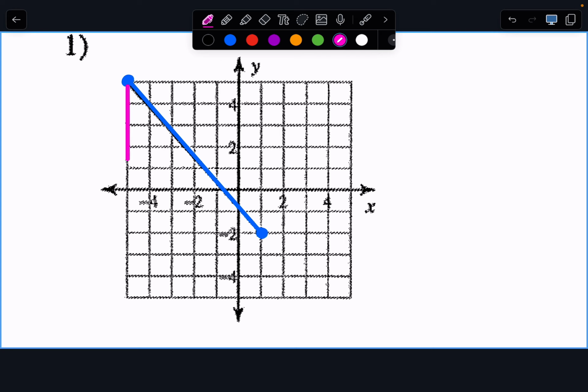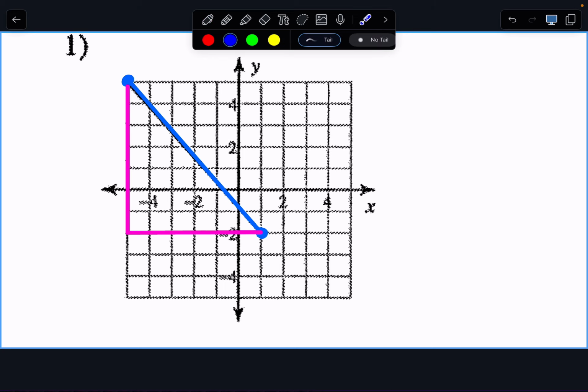I'm going to draw either up or down until I get to where I can go over. Do you see how I did that? You're going to draw up or down and then straight across. Because you know what we can do? We can count boxes if we're vertical or horizontal. Right?